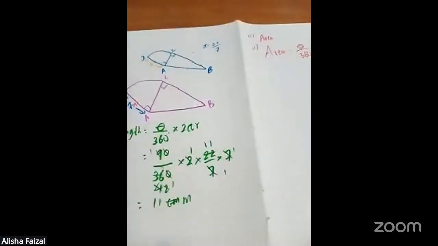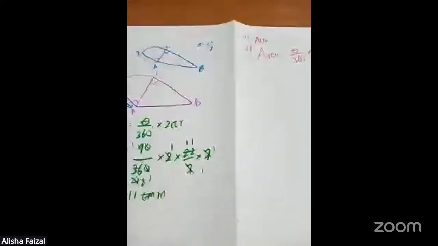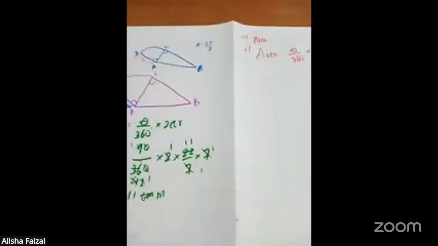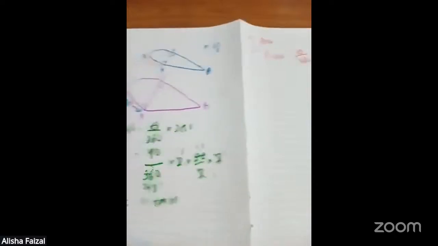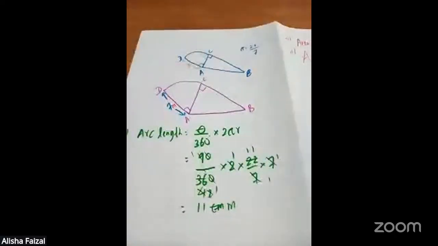Now see. Can you see the screen now, or is it still blurry? Okay. Screen is clear. Okay, fine.